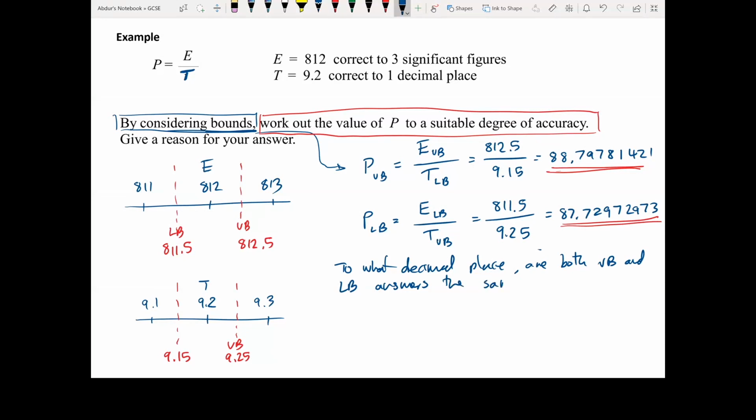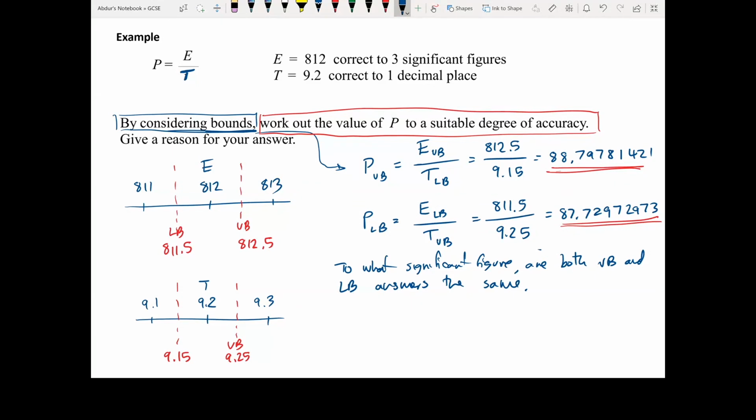So first of all, let's look at if we rounded it to, let's say, one significant figure. We can look at decimal place, or we can look at significant figure here. We'll focus on significant figure, so to what significant figure are both upper bound and lower bound answers the same?